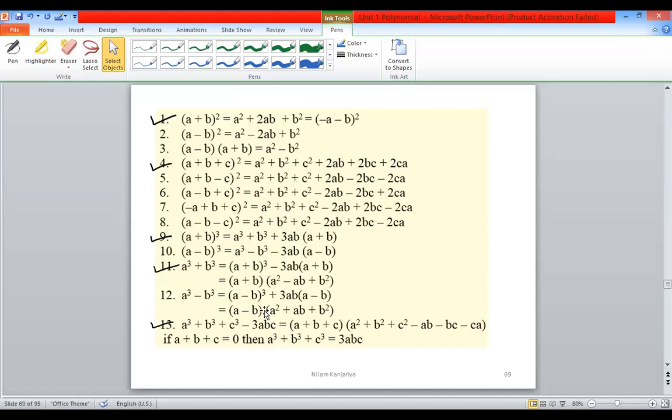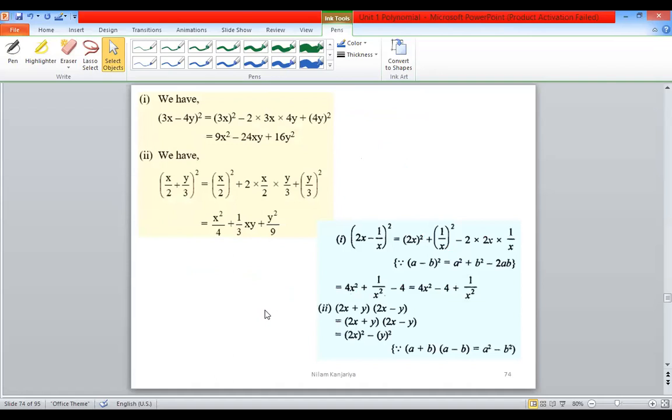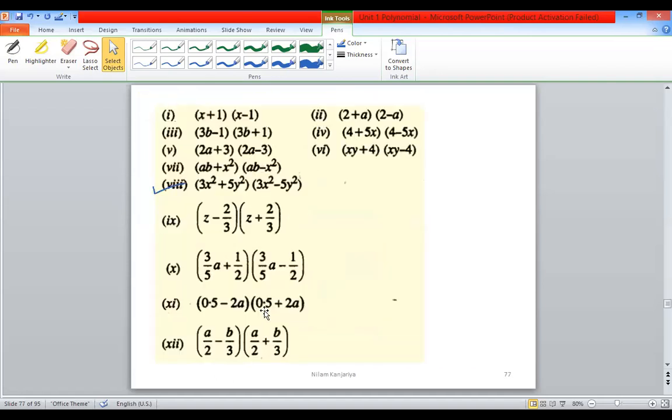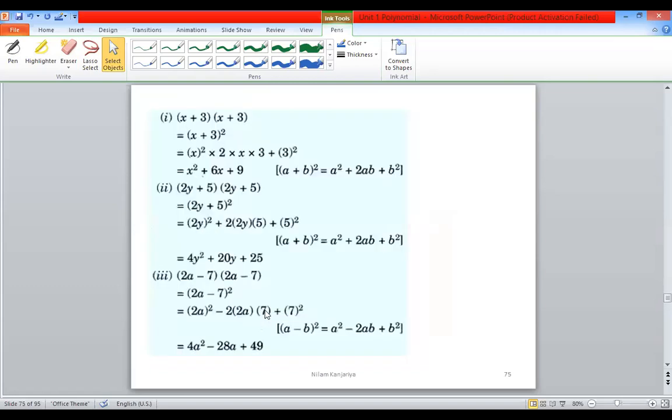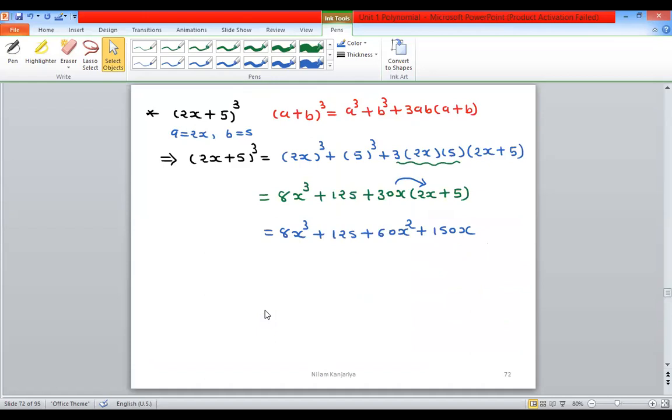Now let's take the examples of the identities and how we can calculate them. So all students, remember the identity.